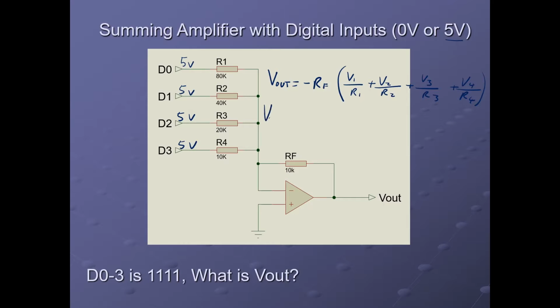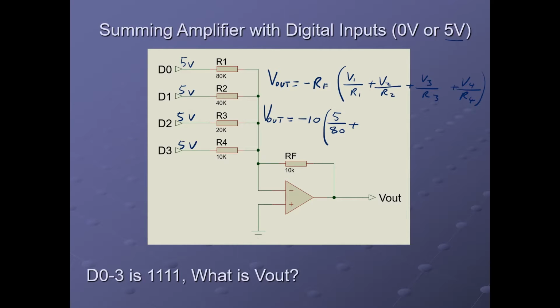So V out is going to be equal to minus 10, because RF is 10k. I'm going to cheat here, but the k's at the bottom are going to cancel out, so I can put them all as just the numbers. I'll show you what I mean. V1 is 5 over R1 is 80, and because it's k here and k at the bottom, I can just leave them out.